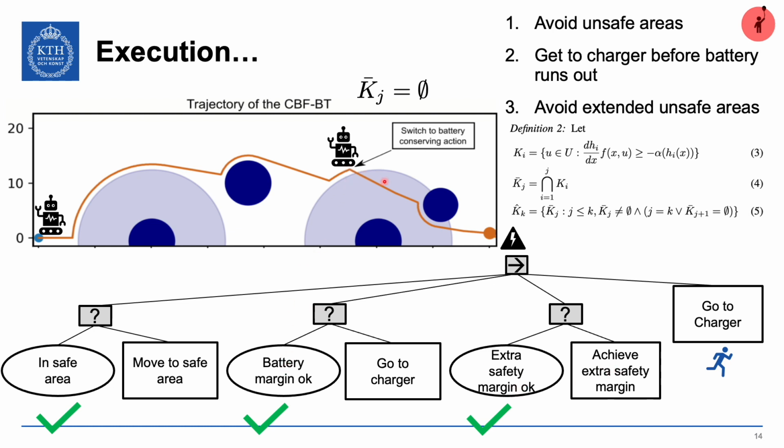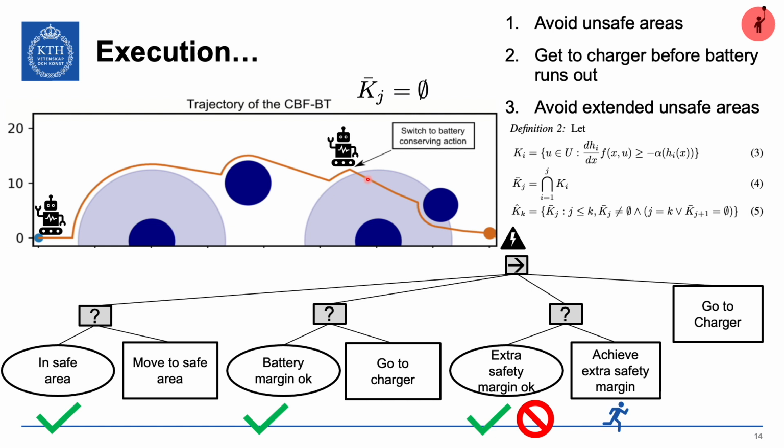So that's why we start moving in here. Now we're trying to go to the charger without respecting the extra safety margin. So we move in here, and at that point, obviously the extra safety margin is no longer guaranteed, and we're going to violate it. So this returns false, and we're going to start running achieve extra safety margin.